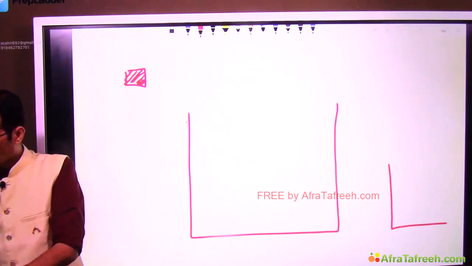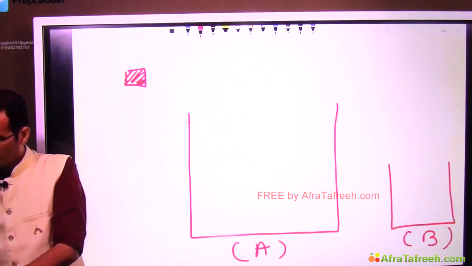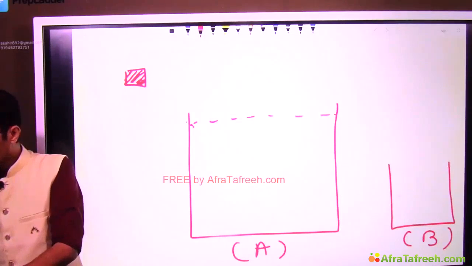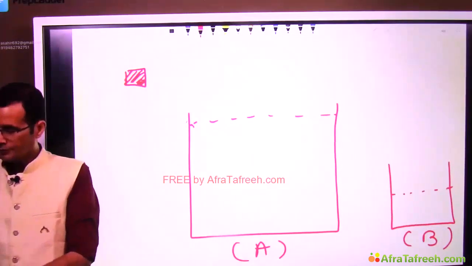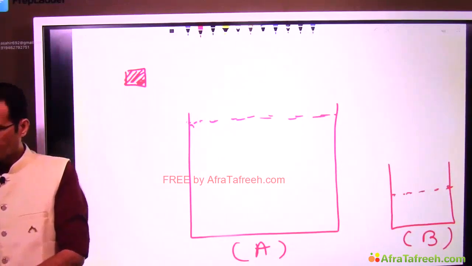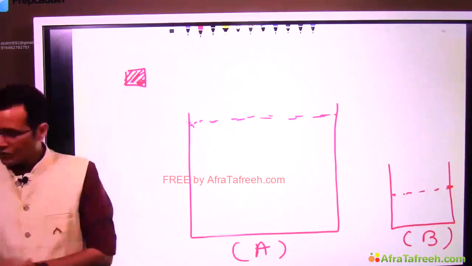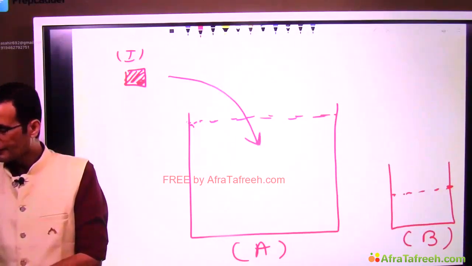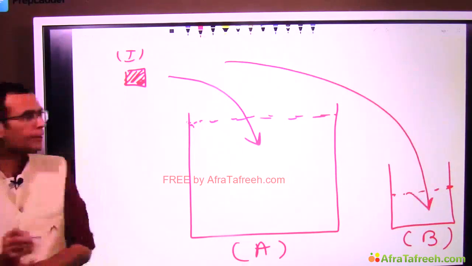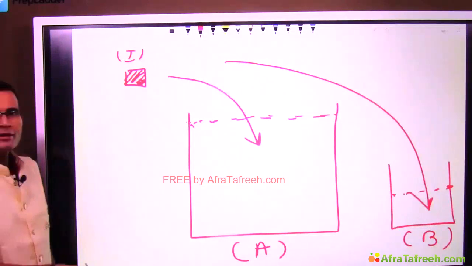Suppose this is compartment A, this is compartment B. These are the volumes of those compartments which I will measure, and if I inject the same initial volume I into compartment A and compartment B, what do I see?